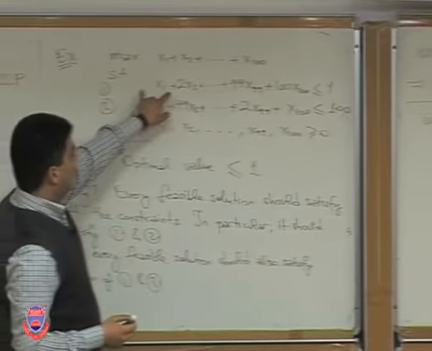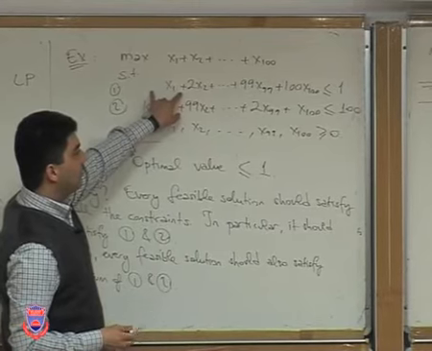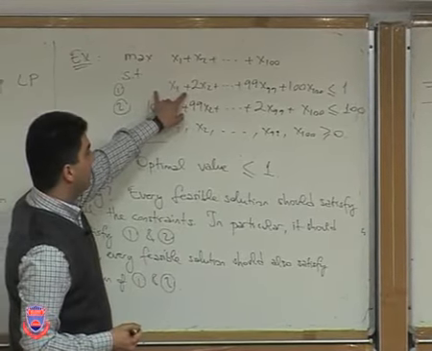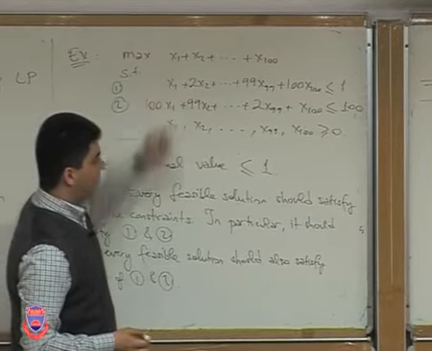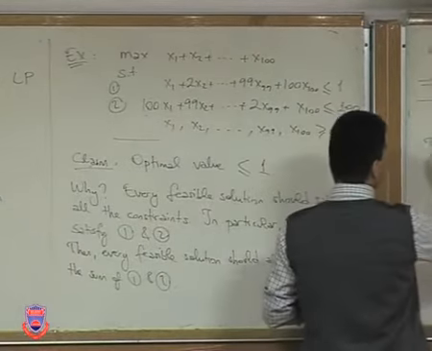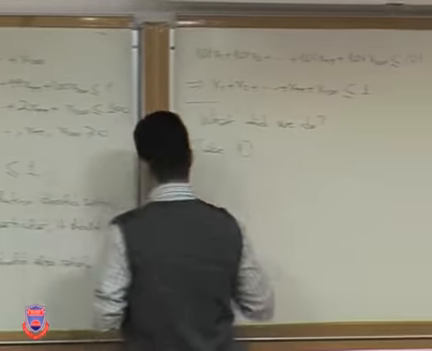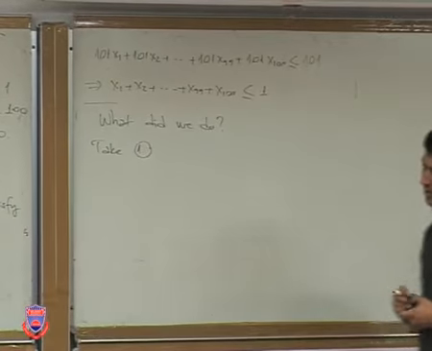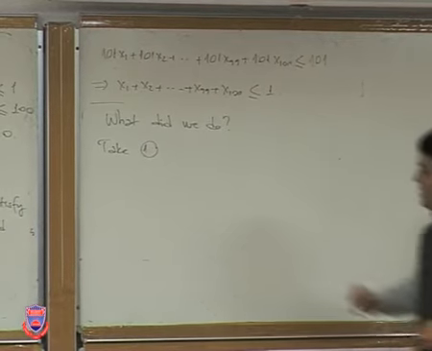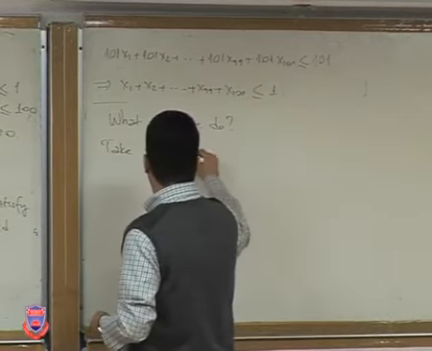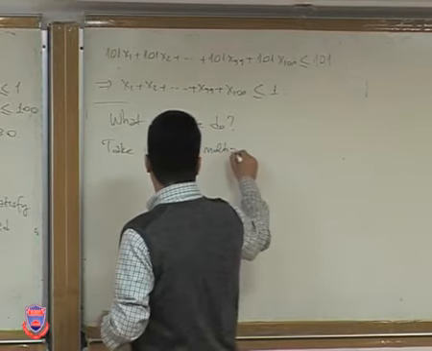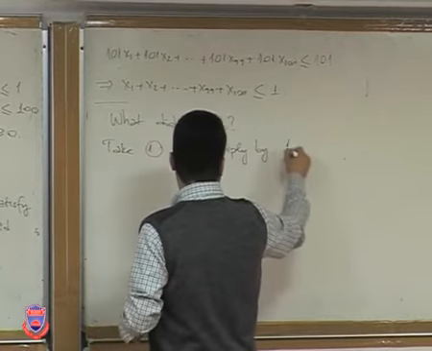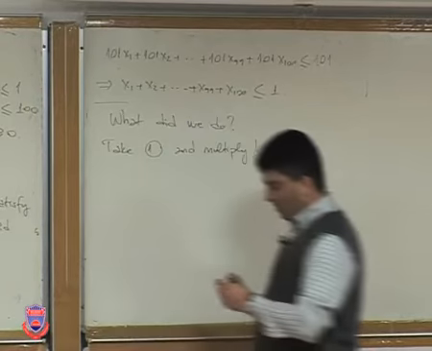I take the first constraint and I multiply it by 1 divided by 101.